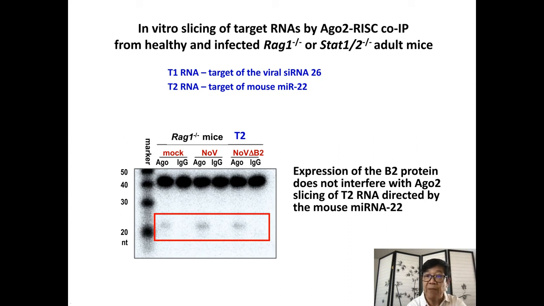Showing that in contrast to antiviral slicing, microRNA directed slicing was similar, using the ARGO complexes purified from adult mice following infection with wild-type or mutant virus. So this indicates that expression of the B2 does not interfere with the function of the cellular microRNA, in contrast to the antiviral silencing.